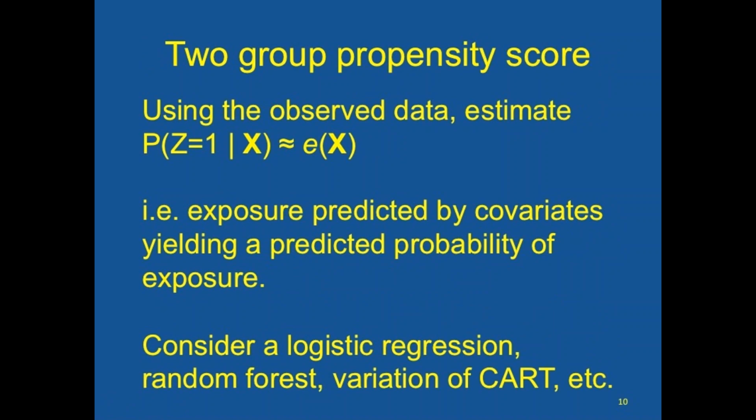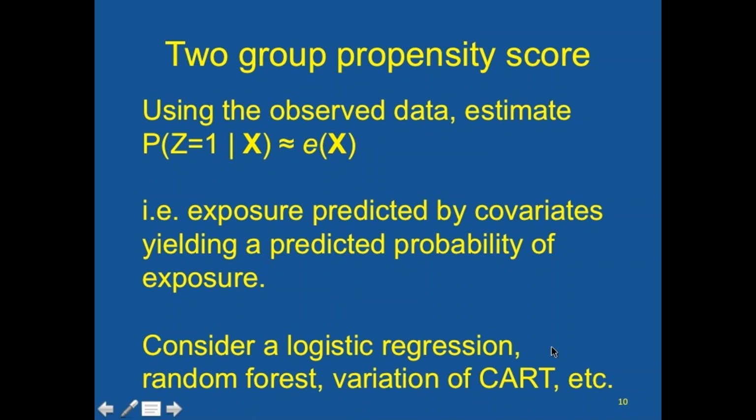Now let's remember the 2-group propensity score. Using the observed data, we estimate the probability of being exposed versus not being exposed, or being treated versus being control, given the person's covariates, and that is our estimated propensity score, which in the standard literature we write as E of X. The exposure is predicted by covariates, yielding this predicted probability of exposure, and this can be done using any number of fancy methods, a random forest, some variation of CART, but most often we just use a logistic regression.